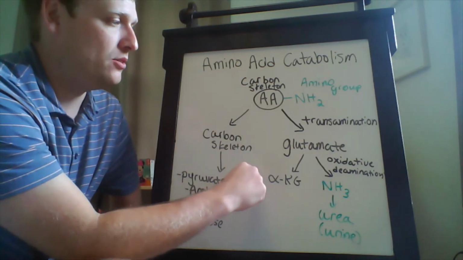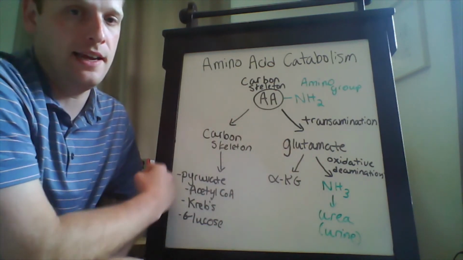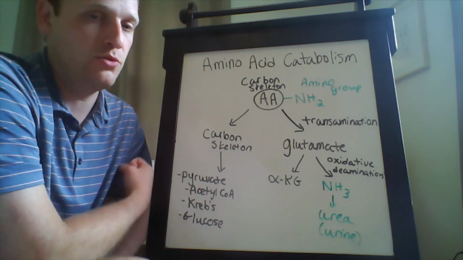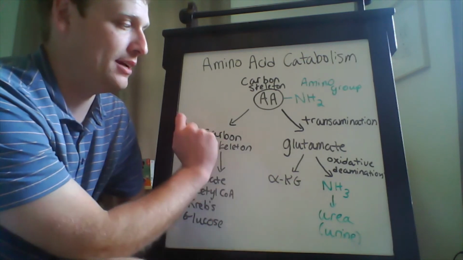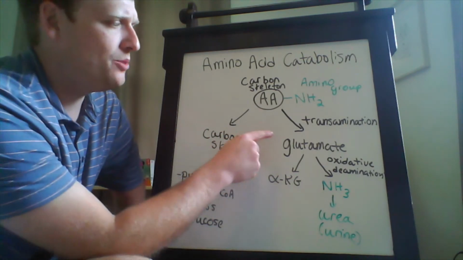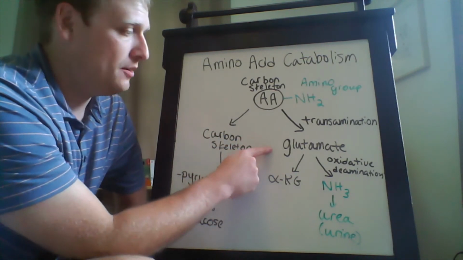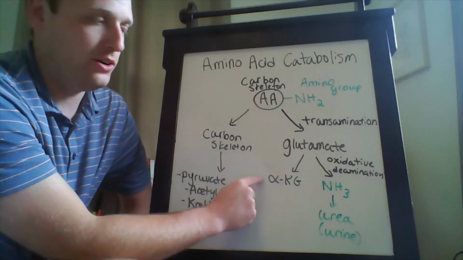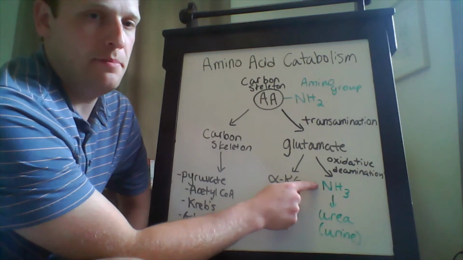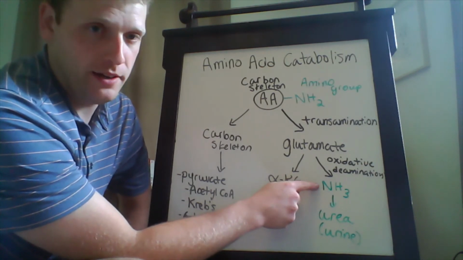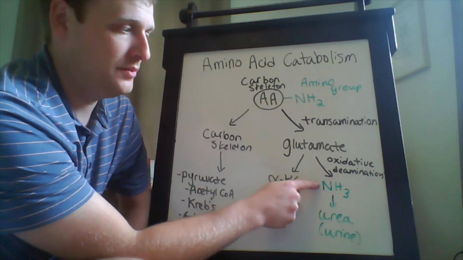And that's going to be a process called oxidative deamination, removing that amino group, that is now an NH3. So when you deaminate glutamate, you're going to reform alpha-ketoglutarate, and you're also going to release a molecule of ammonia, which is NH3.